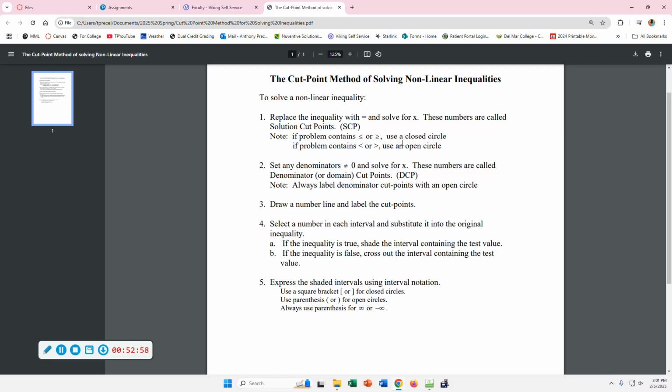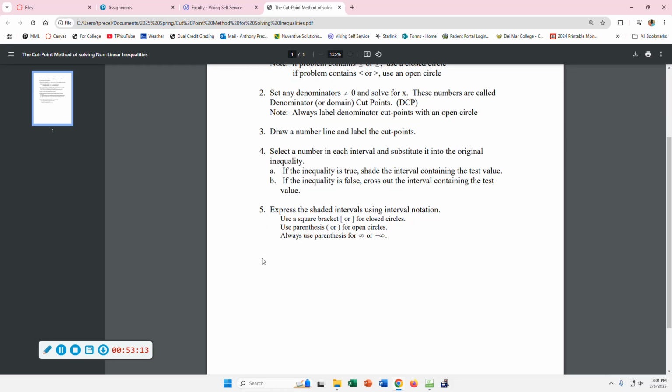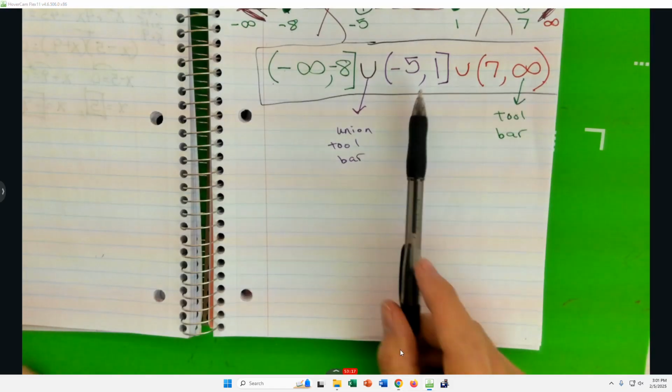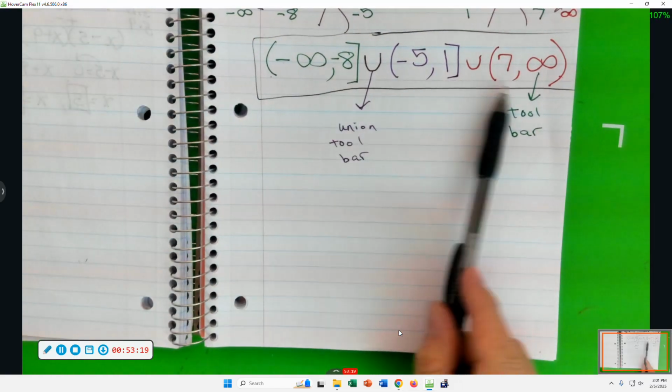This little recipe will walk you through. You don't have to understand why it works, but it sure works, I guarantee you. It might be a little different from view and example. But once you're through with step 4, you now have a number line shaded with cut points. Let them see the number line.